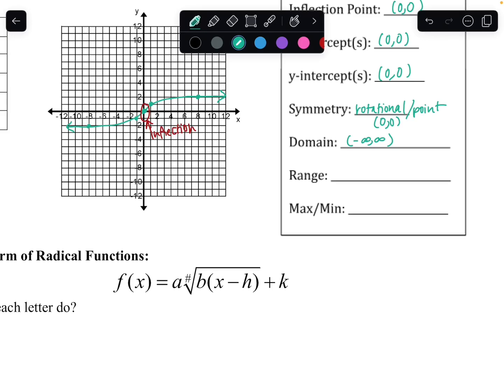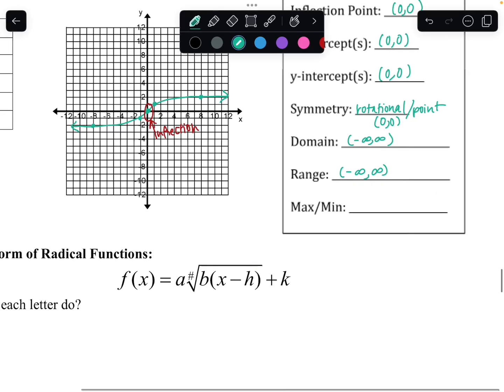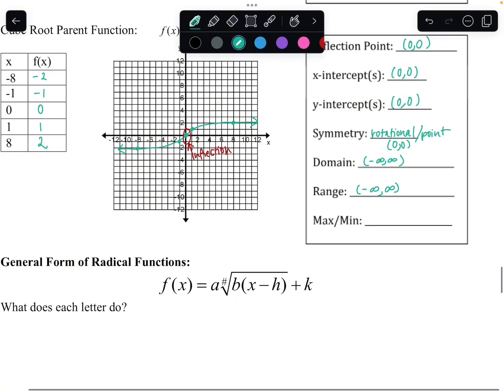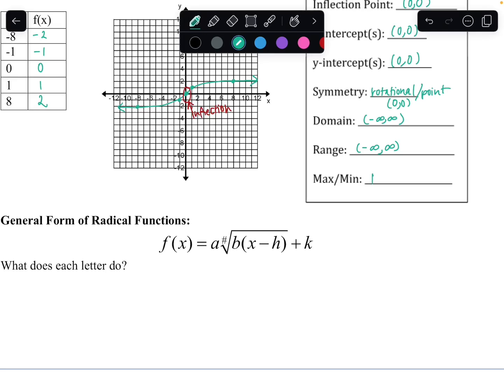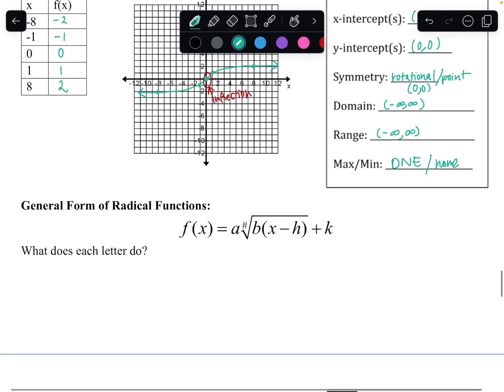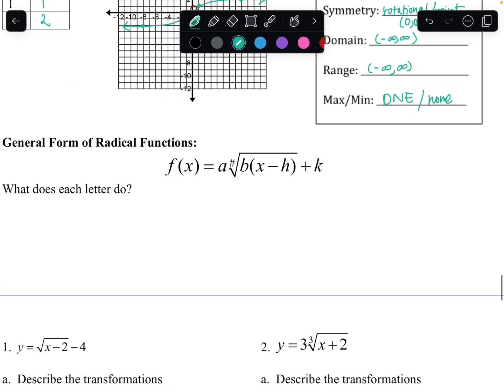It goes forever to the left and forever to the right. And same with the range. It's going forever up and forever down. And so whenever you're dealing with cube root, all real numbers, kind of like linear. And so there is no max or min, so you can say does not exist or none.